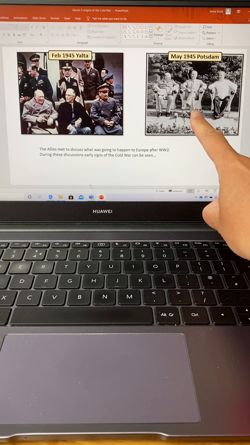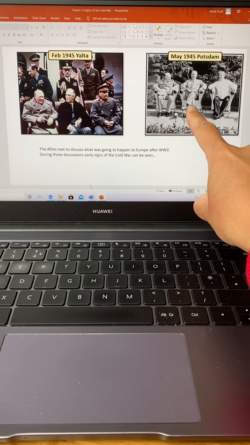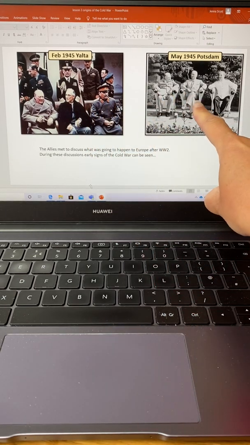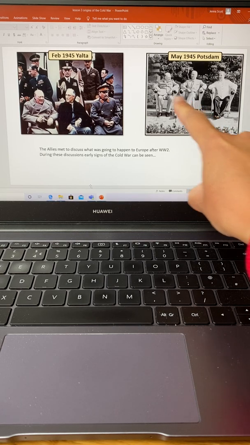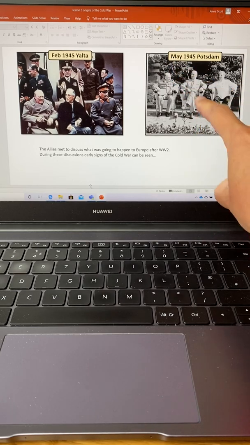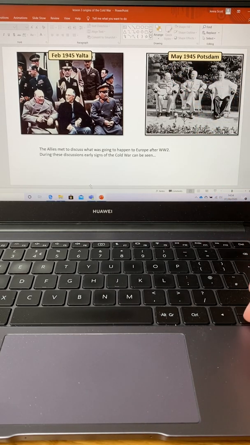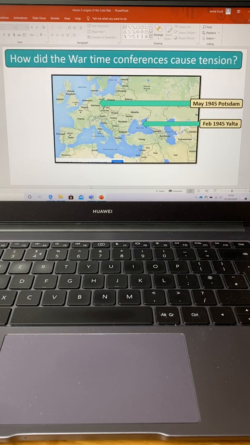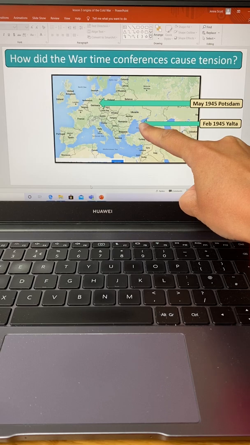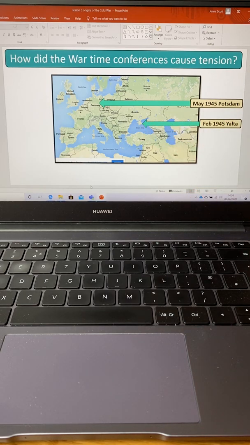Though, if you can see, he has changed. Roosevelt, then Truman, because Roosevelt dies in April of 45, so he can't be at the next conference. Just a little map for you: Potsdam is in Germany. Yalta is in what was the USSR on the Black Sea.